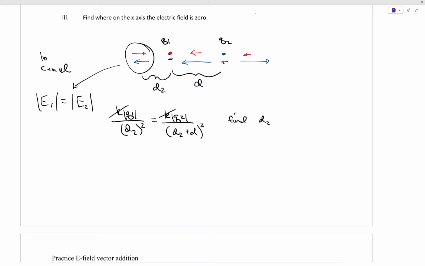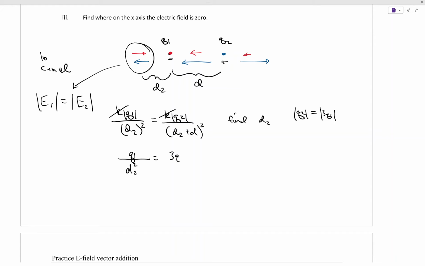And let's substitute in the fact that Q2 is just 3 Q1. So Q1 over d2 squared, and then we'll expand on the other side.